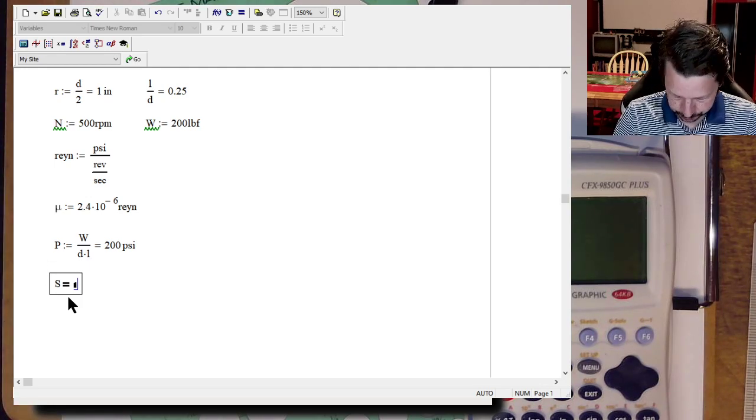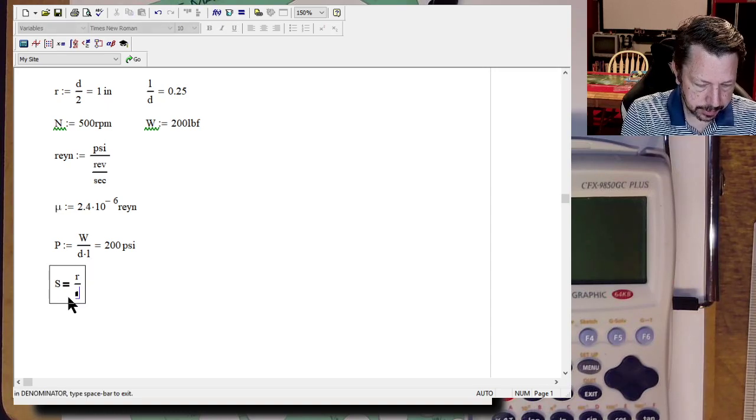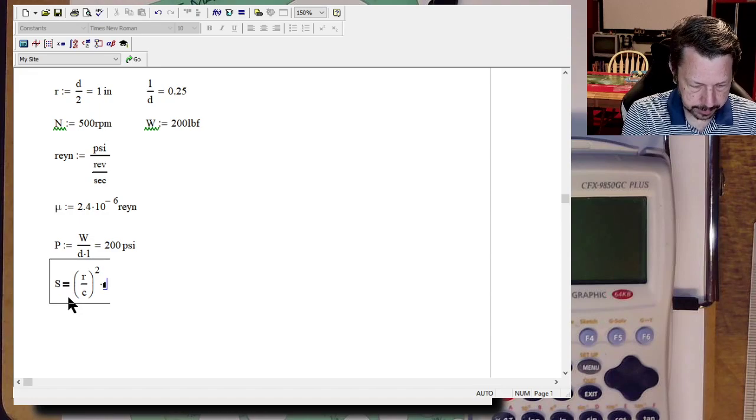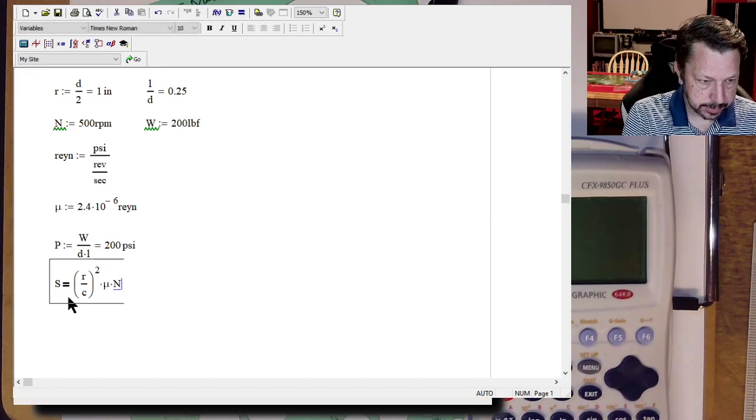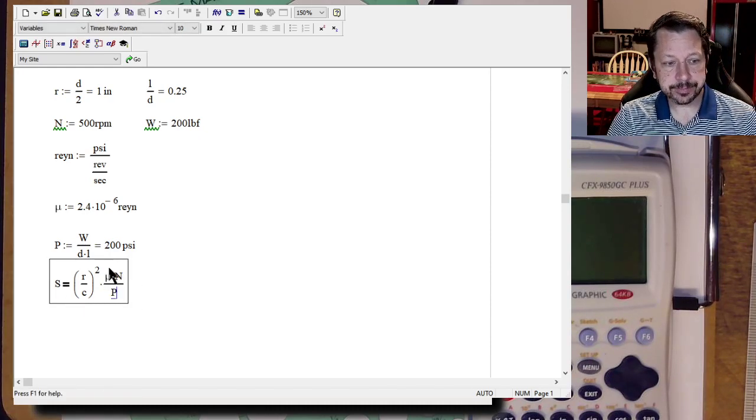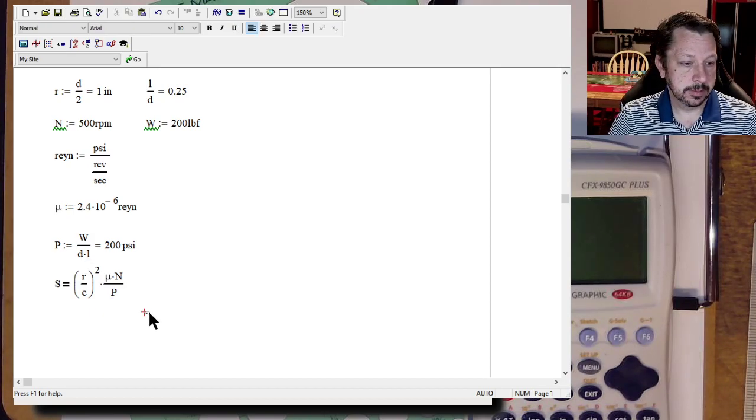They give you the equation for it, and it is S equals (R over C) squared times our viscosity times N, speed, over P. When you solve this, you should come out with a unitless, dimensionless parameter.